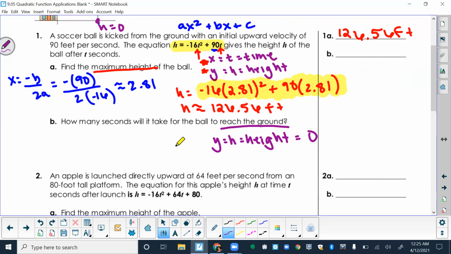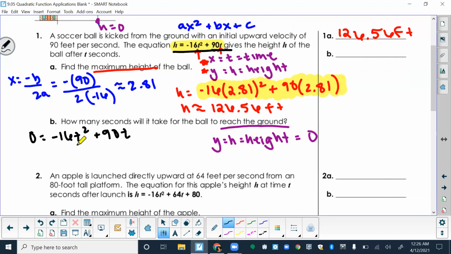All I really have to do for these types of problems is plug in 0 for the h into the equation that we're given. So h, which is now 0, equals negative 16t squared plus 90t.